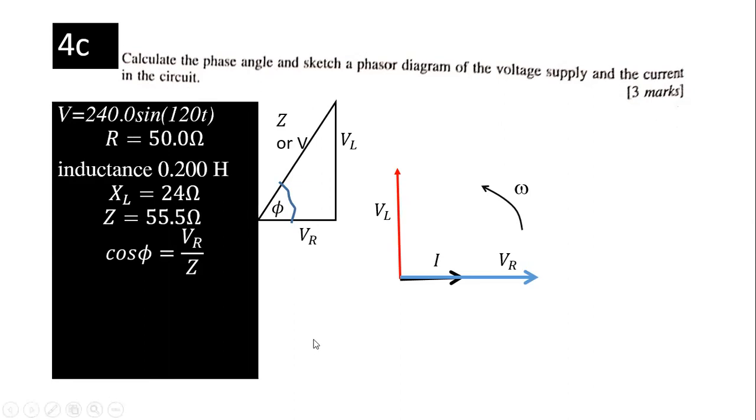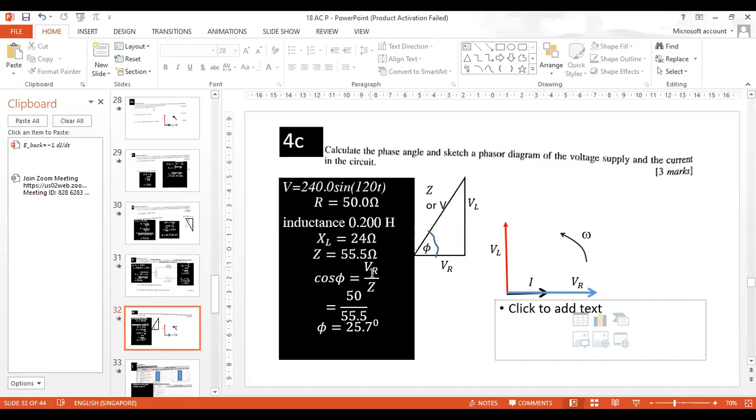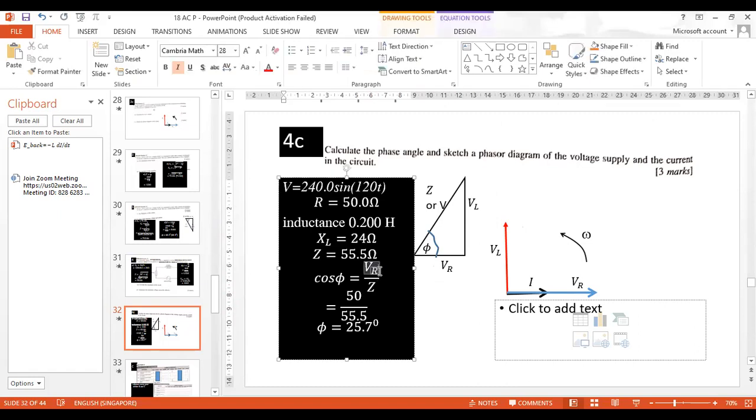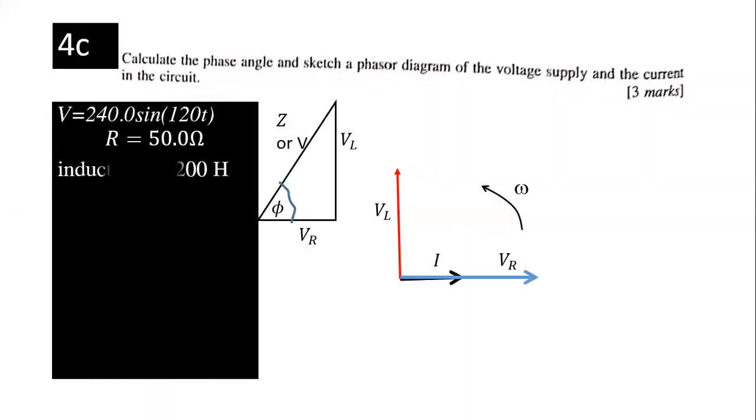So it's VR over V. What am I doing? Not VR. If I use VR, then I must use the V here. I'm not using VR here, I'm using R. Anything you are not clear, ask.